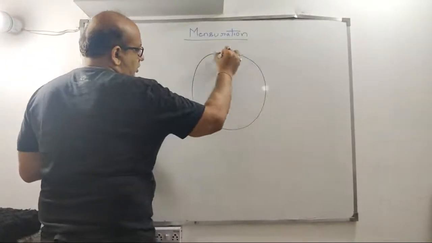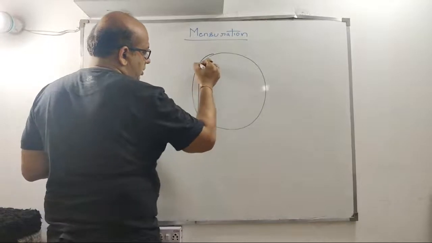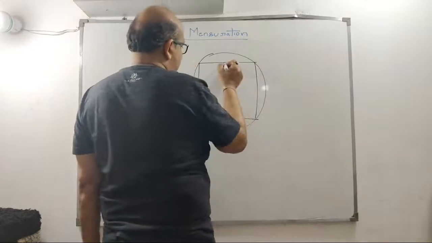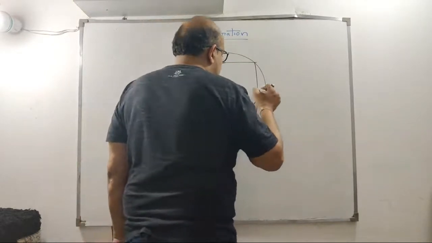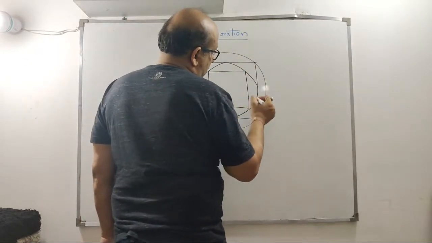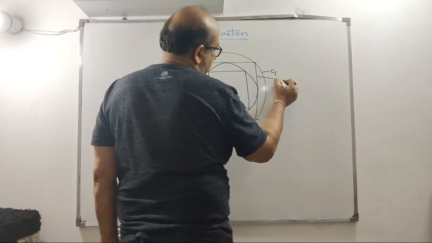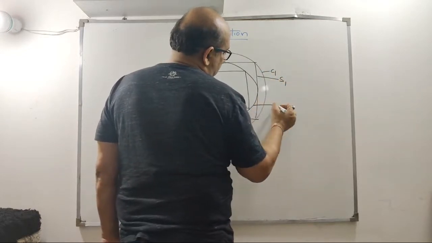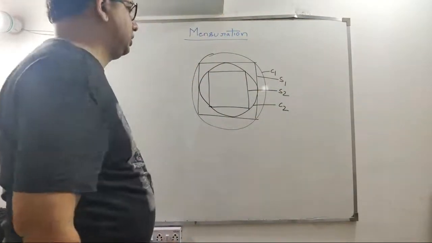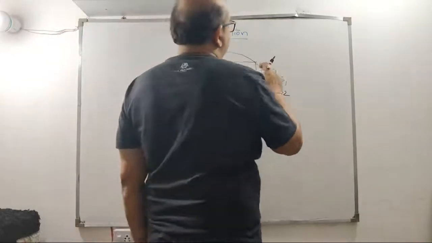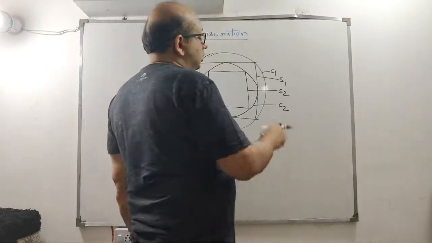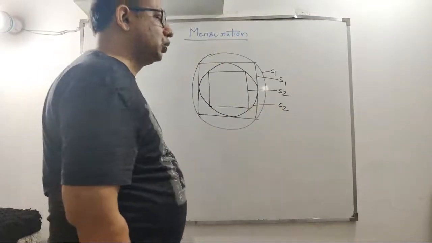The next question is, this is circle 1, this is square 1, this is circle 2, this is square 2. Correct. Circle 1 is circumscribing square 1, square 1 in turn is circumscribing circle 2, circle 2 in turn is circumscribing square 2.